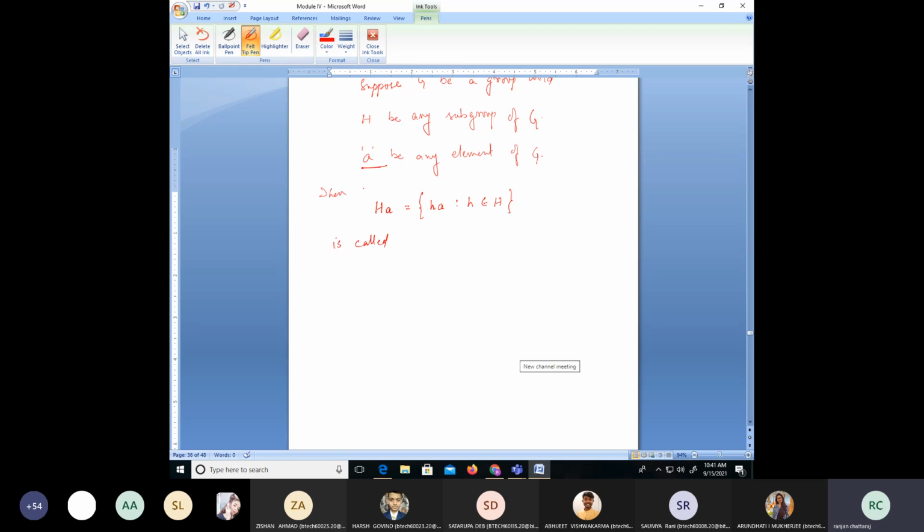That set is called the right coset of H in G, generated by A. This A generates this coset, so A belongs to G. Is it clear?